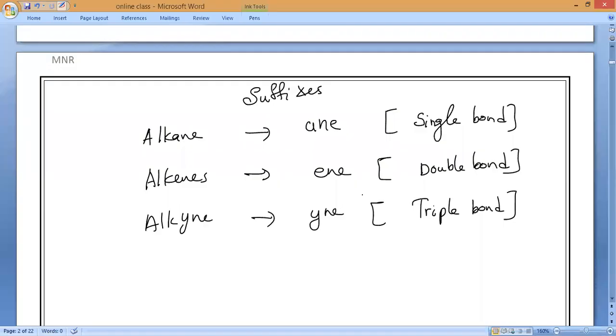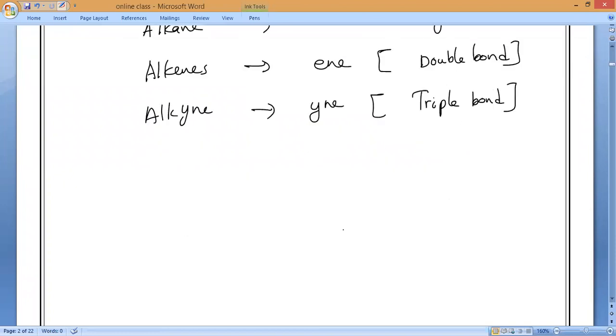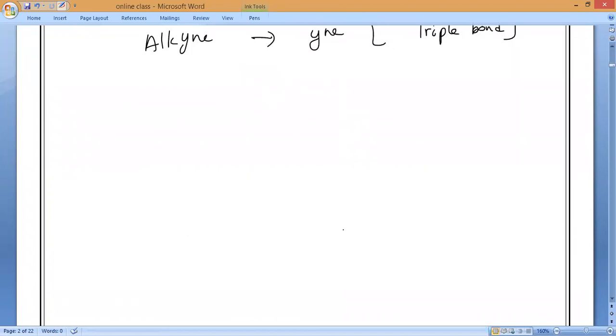Now, as we know, all the hydrocarbons are classified into two: saturated and unsaturated. Let us start with the saturated hydrocarbons. What is the name of the saturated hydrocarbons? Alkanes.